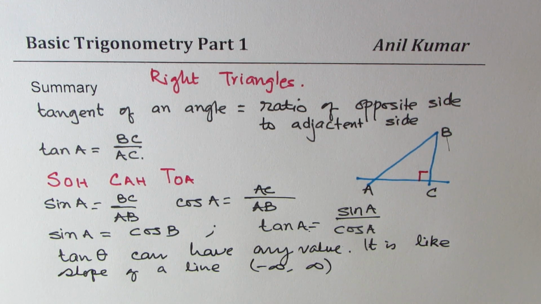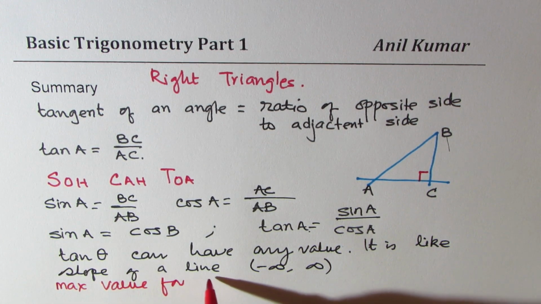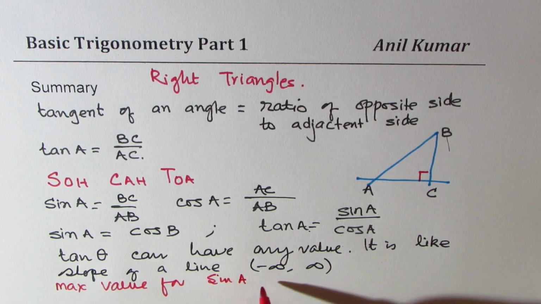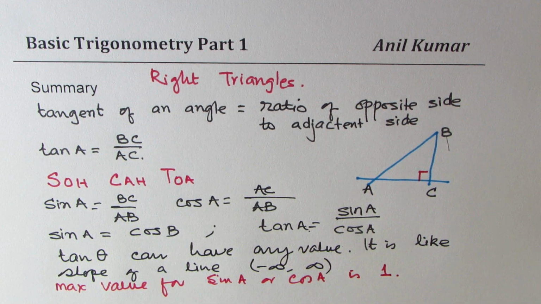Perfect. And you also learned that the maximum value for sine A or cos A is 1. Right? For sine and cosine, the value cannot be more than 1. That's the maximum value. So I hope with this, we'll close this part and take up inverse of trigonometric ratios in the next part, along with how to find the angles and solve triangles completely.